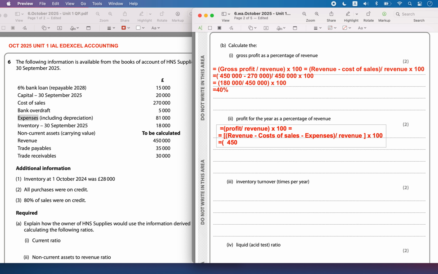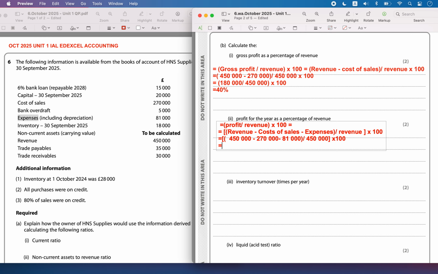So let's write it: the revenue is 450,000, minus the cost of sales of 270,000, minus expenses including the depreciation, which they have given as 81,000. All this is divided by the revenue, which is 450,000, and then you multiply the entire thing by 100.